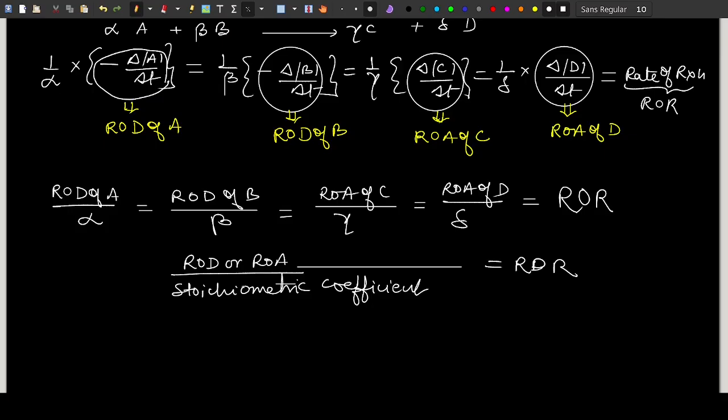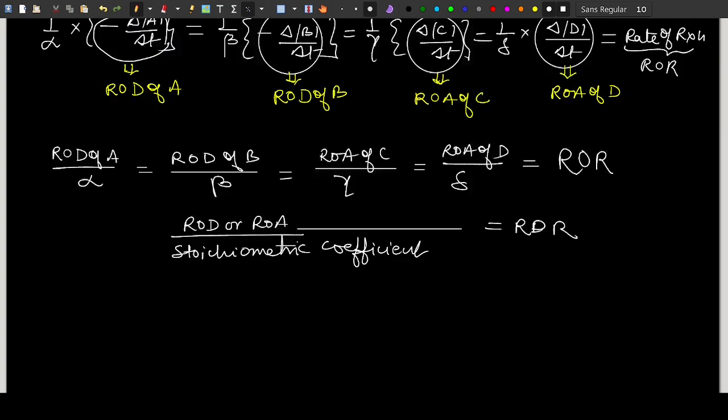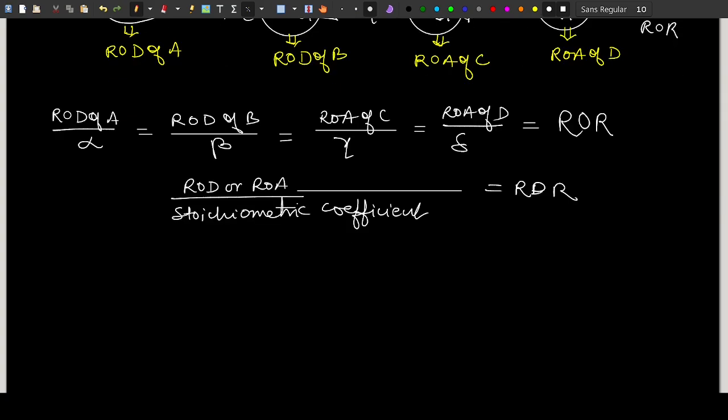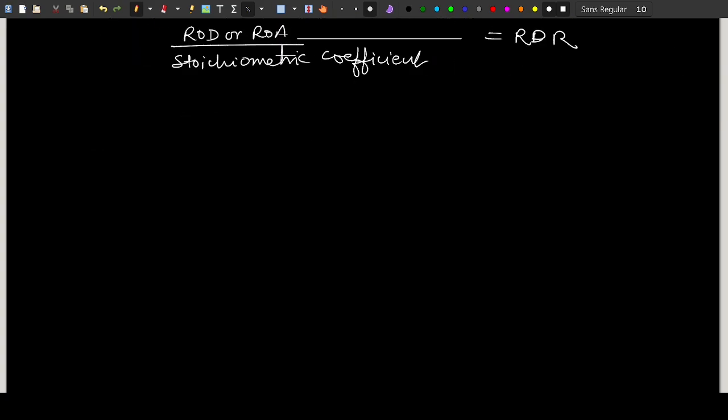Now we have to take some examples for better understanding of this rate of reaction. Here friends, we are taking an example.